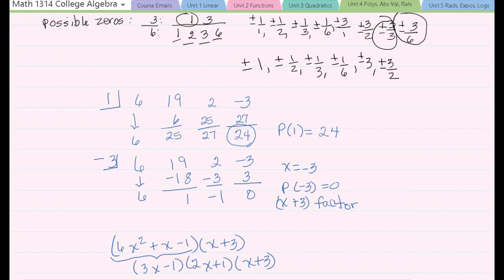This means that our p of x is the same as multiplying x plus 3 times 3x minus 1 times 2x plus 1. This is the factor form of our polynomial.